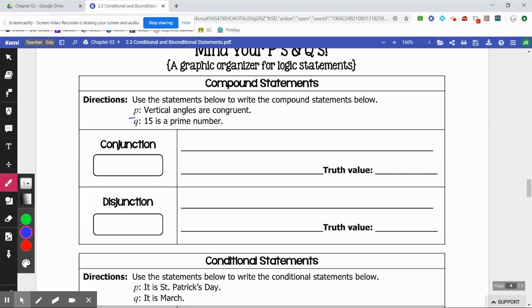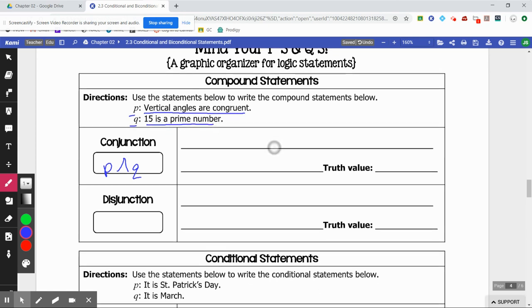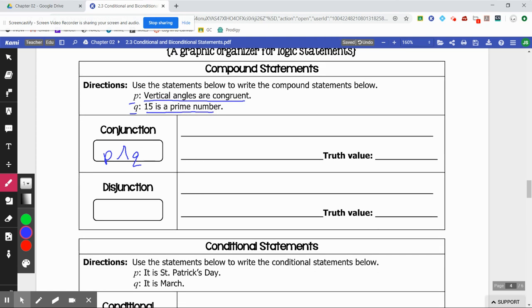So if we have this P and this Q, and we're going to do the conjunction of P and Q. That'd be, again, P says vertical angles are congruent, Q is 15 is a prime number. So the conjunction of that would be, I'm going to abbreviate a lot of stuff, vertical angles are congruent, and 15 is prime.